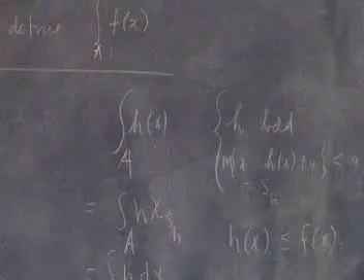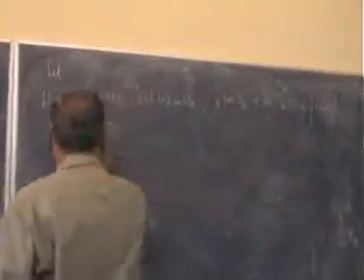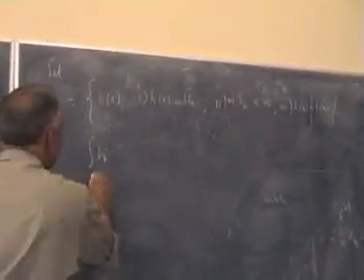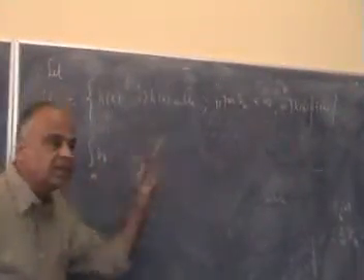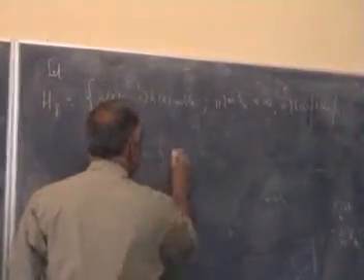3. Hx is less than or equal to f. I am going to take only such functions. Then look at the integral of h over A. Well, it's the same thing as integrating h over the support of h. By definition, it is simply the integral over the support of h, because in the other places it is 0.